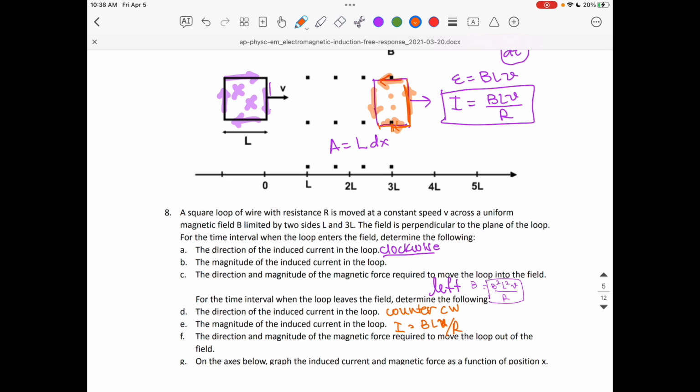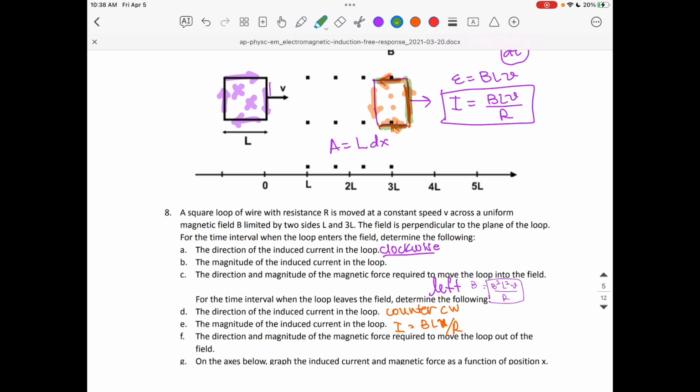And then the direction and magnitude of the magnetic force required to move the loop out of the field. This one is going to be, again, the side of our loop here does not experience a force because it's no longer in a magnetic field. The top and bottom, as we stated, are going to experience equal and opposite forces, so that net force ends up canceling out in the y direction.